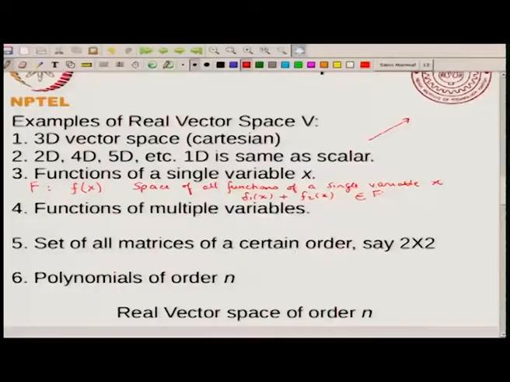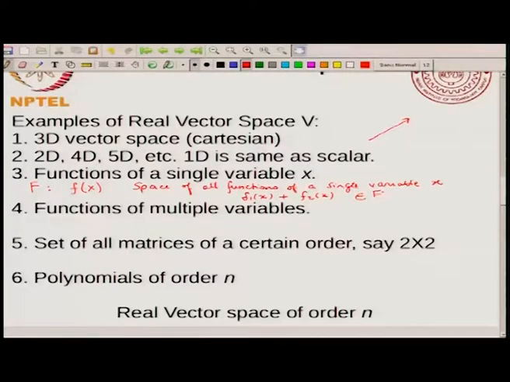Similarly, the 0 function is also a member of this vector space. So you can define a function that is 0, which is also a function of x, and so you can add it to any function and you will get back the function. Similarly, you can also talk about the inverse, and then obviously the commutativity and distributivity properties are trivially satisfied. So the set of all functions of a single variable forms a vector space.